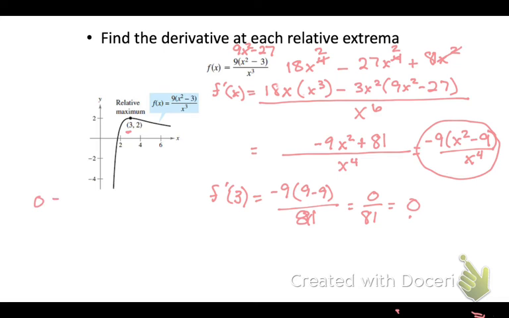So if I have 0 equals negative 9x squared minus 9 over x to the 4th. And this was what I was doing over here. I was checking my work, and I immediately knew it was wrong. So I'd multiply over by the x to the 4th and still have what? 0. I would divide by the negative 9, and still have what? 0. And so I would have x equals plus or minus 3.